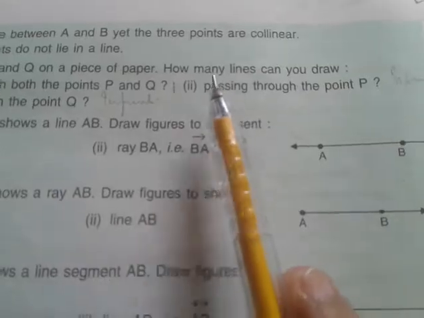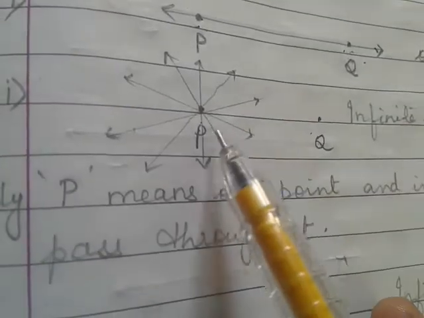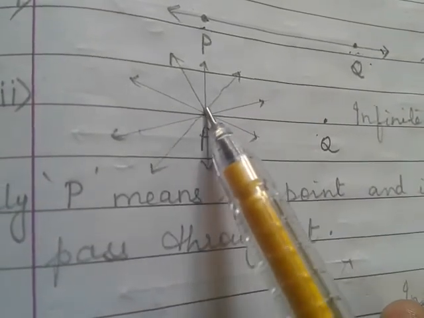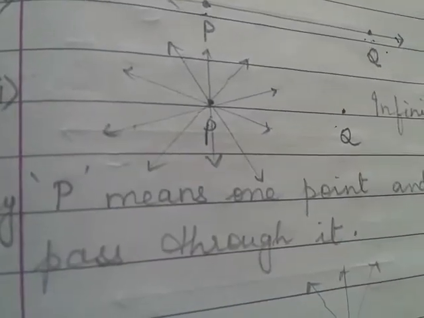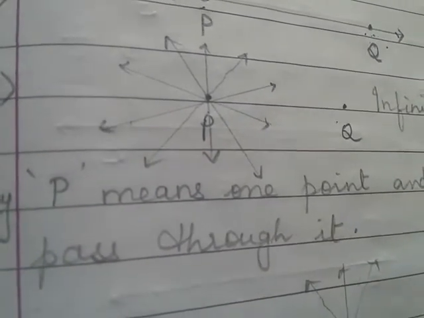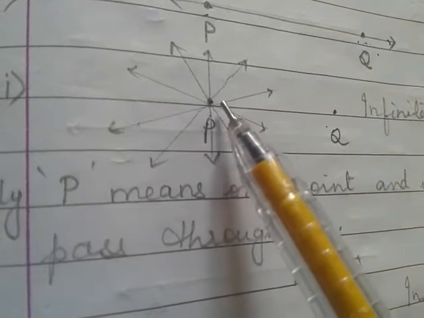Then the second one: passing through the point P. I have marked 2 points, P and Q. We have studied in the introduction that from one point we can draw an infinite number of lines.